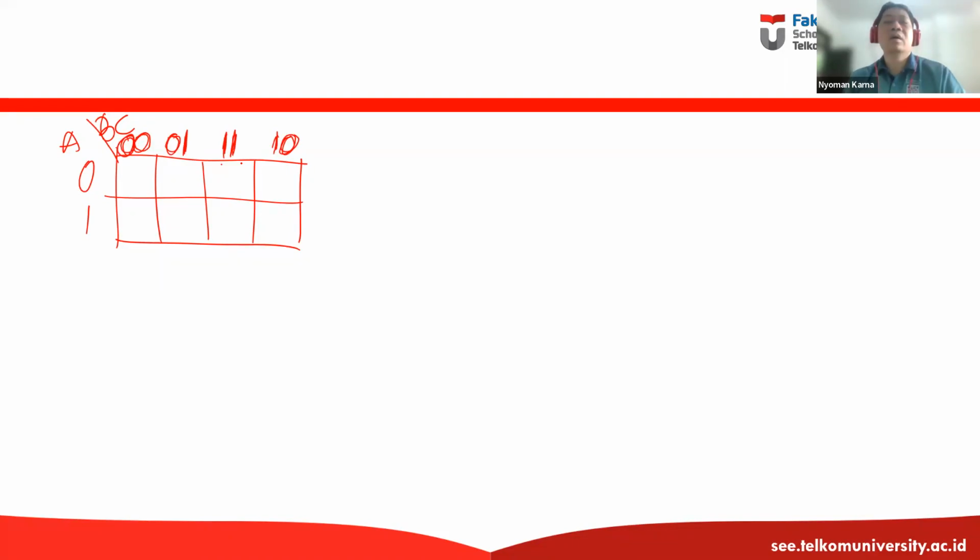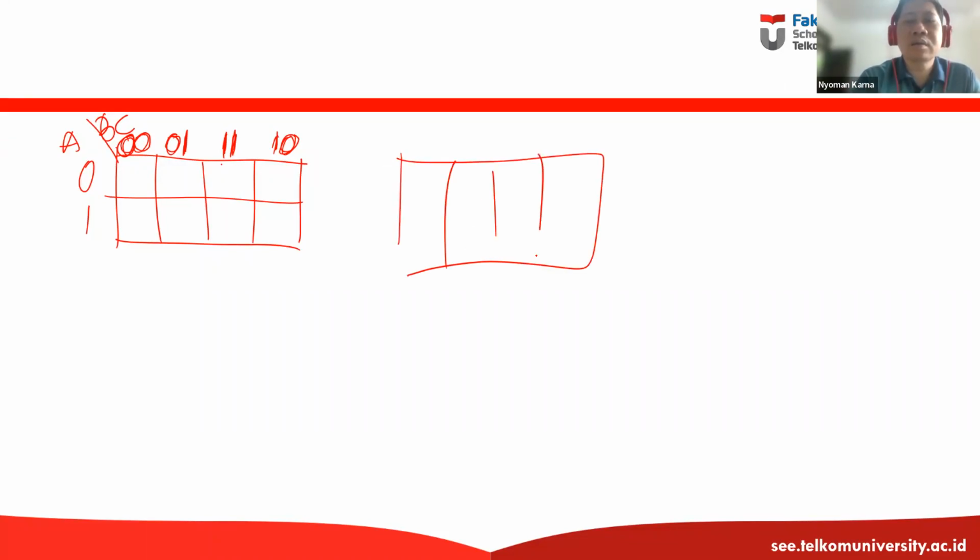But how come the sequence is like this? Why not make it like this: 00, 01, 10, and 11? Now, we have one rule in creating the K-map. Between adjacent rows or columns, only one variable can change.